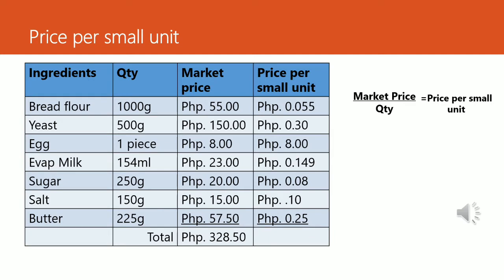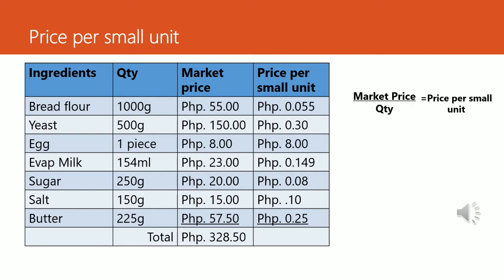And to determine the price for a small unit of ingredients, we're going to divide the market price over quantity. For example, bread flour, 55 pesos divided by 1,000 grams is equal to 0.055 centavos per gram. For the yeast, 150 pesos divided by 500 grams is equal to 0.30 centavos per gram.